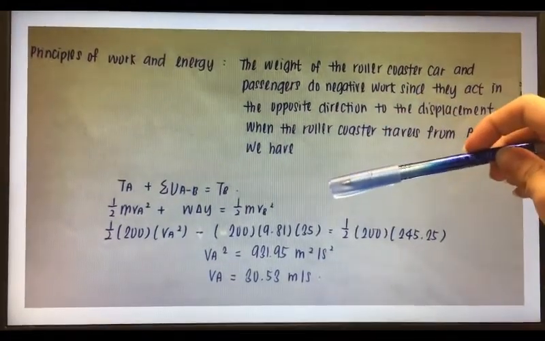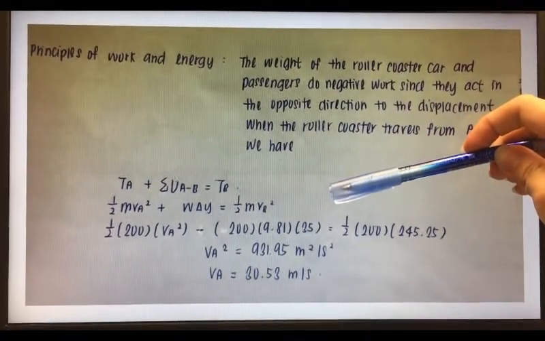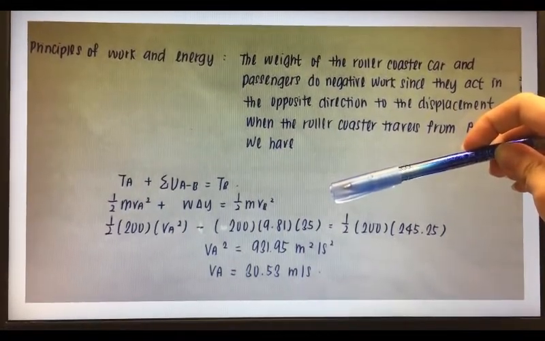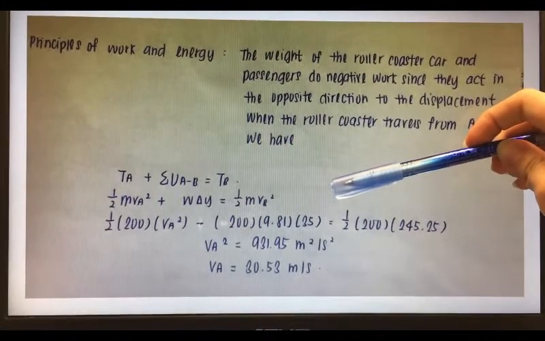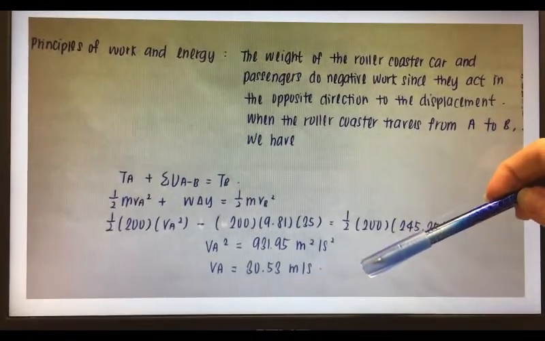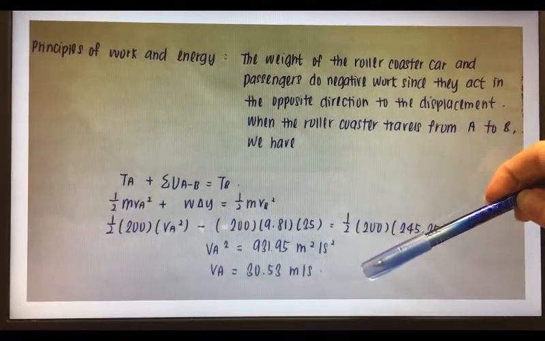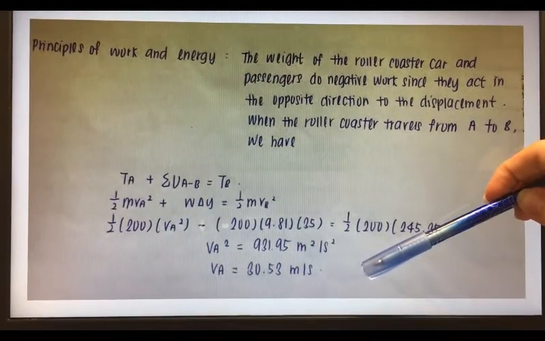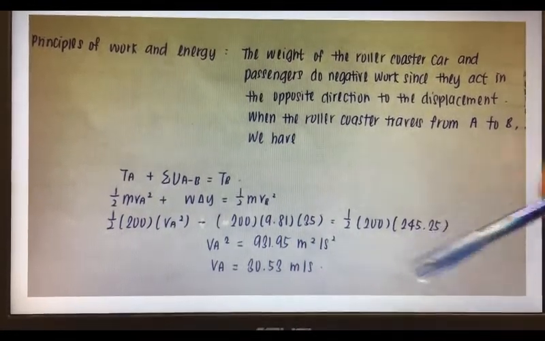Then we substitute the values given in the equation and the values we obtained before, and finally we get the velocity at point A, which is equal to 30.53 meters per second.